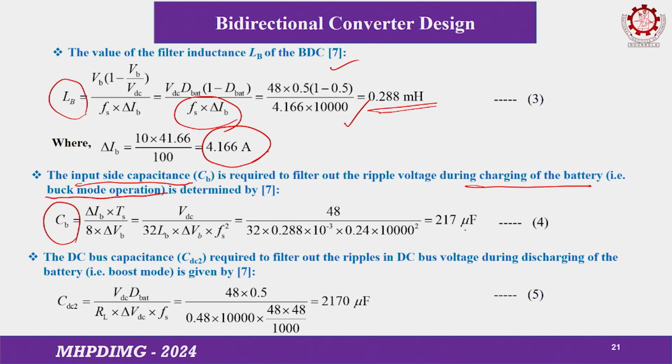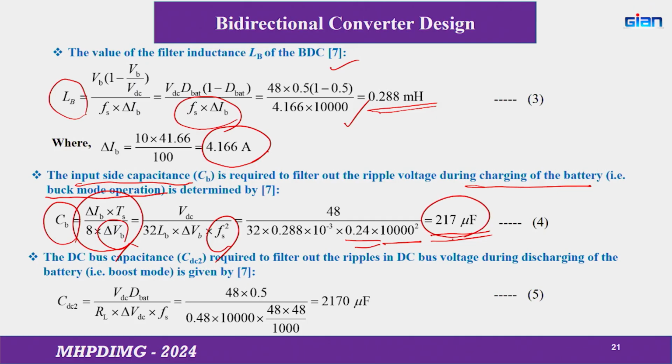The formula is given here: ΔIB into Ts divided by 8 into ΔVb. ΔVb we have calculated as 1% of Vb, so this is 0.24. If you put all the values, with the switching frequency of 10 kilohertz, we get an input capacitance value of 217 microfarad.